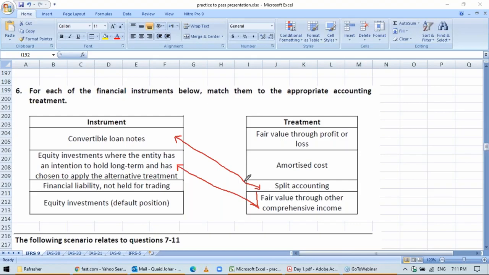One is carried at fair value through profit and loss account, and the other one is at amortized cost. If it is held for trading, then it will be carried at fair value. And if it is not held for trading, it will be carried at amortized cost. And the equity investments, default position. As discussed earlier, the default position is financial asset at fair value through profit and loss. So that's the accounting.